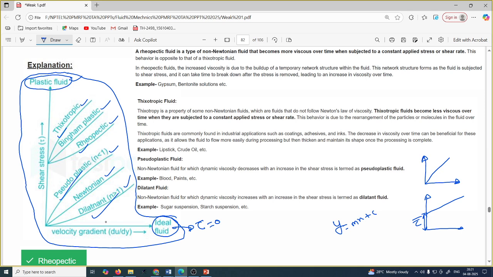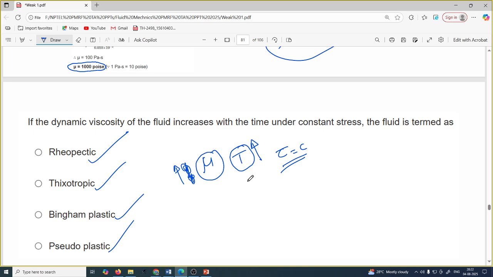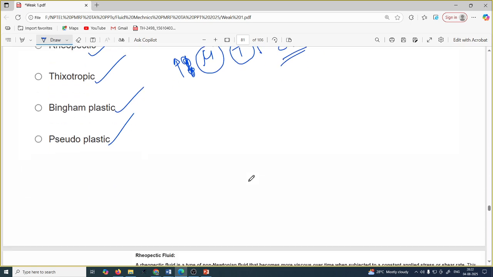So the question was about the dynamic viscosity of a fluid increasing with time under constant shear stress.